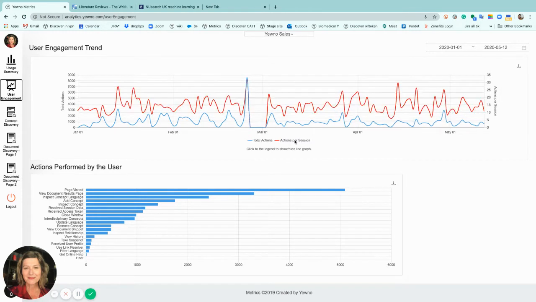So in this particular case, the actions that are possible are right below. You can have page visited, you can have viewing document results page, adding a concept, inspecting a concept. And if you hover over that, you'll get a tooltip that explains exactly what is happening with any one of these metrics.